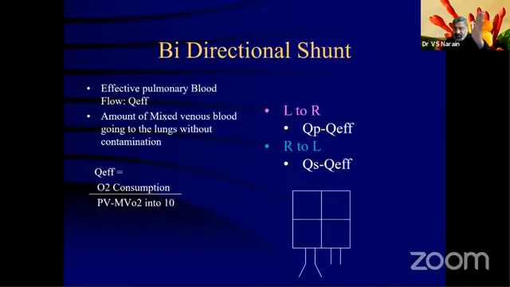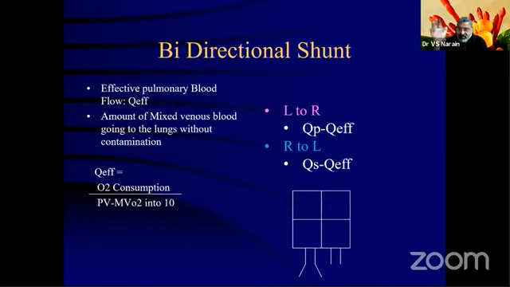So left hand points towards pulmonary artery: pulmonary artery, aorta. Pulmonary artery flow minus Q effective gives you left to right shunt, and aortic minus Q effective gives you a right to left shunt.